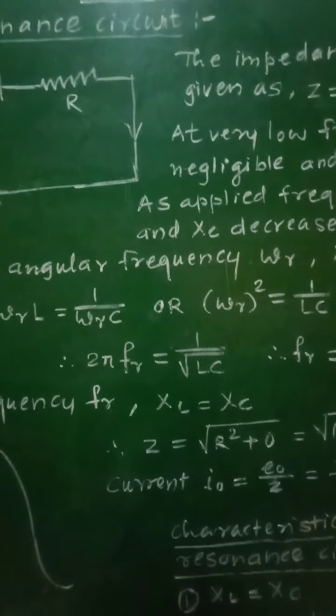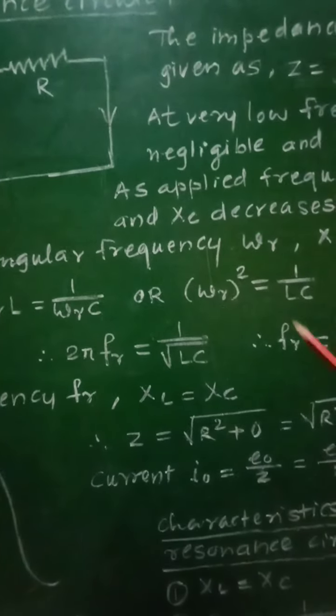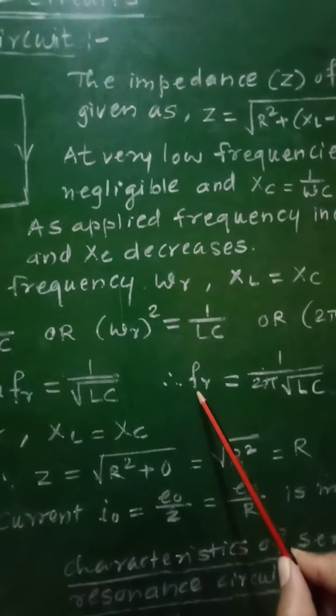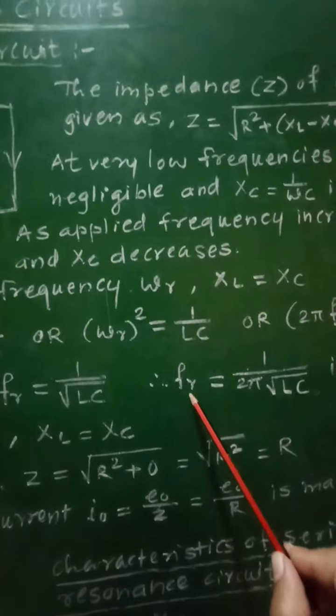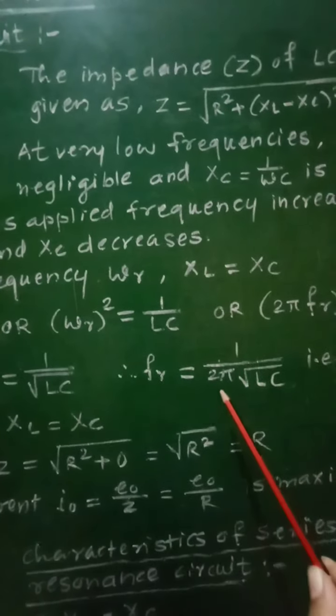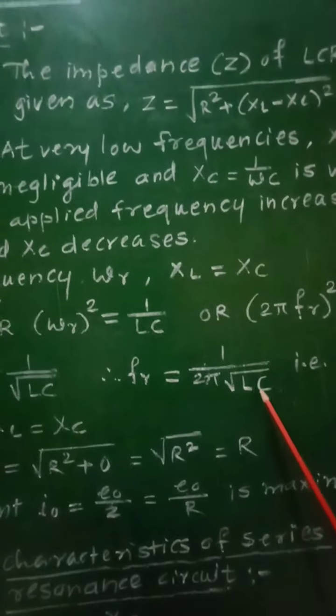Therefore the frequency, which is called the resonant frequency fr, is equal to 1 upon 2 pi square root of LC.